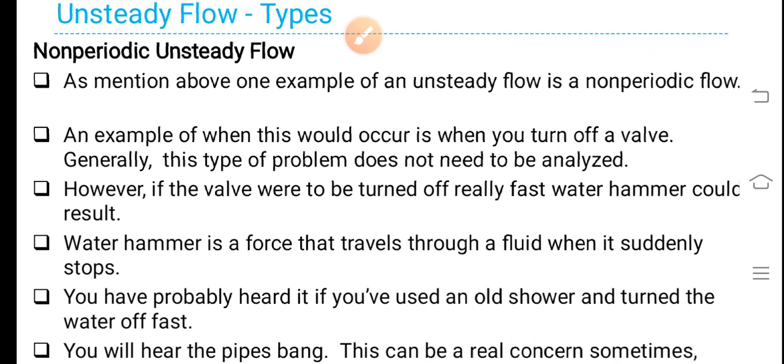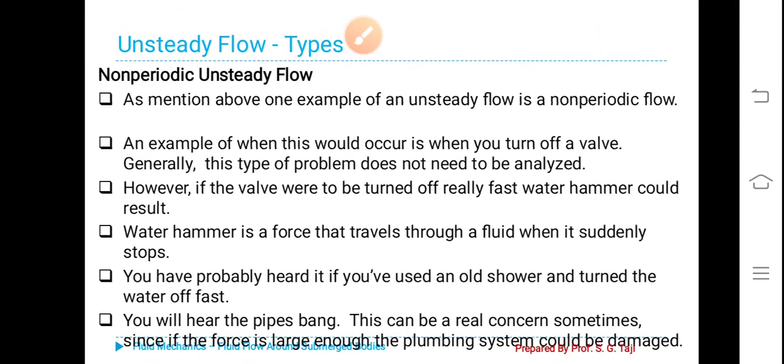What is the phenomenon of water hammer? We will come to water hammer in detail ahead in these classes. You have probably heard it if you have used an old shower and turned the water off fast. You will hear the pipes bang.